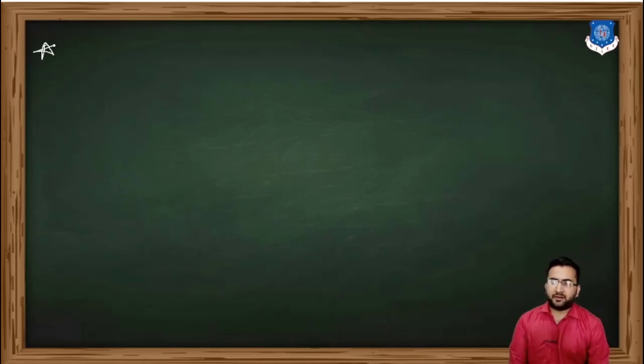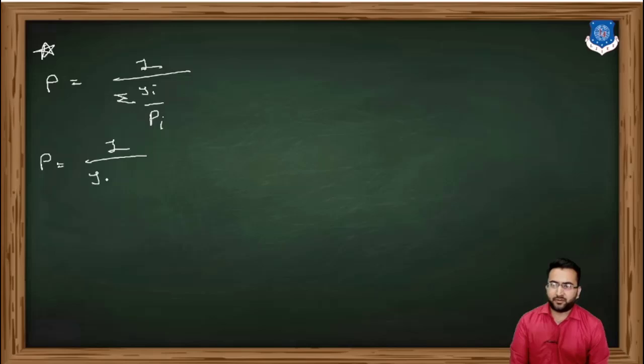Now let's find the pressure at the end of the vaporization, and that can be found using the dew point pressure. The dew point pressure equation is given by P is equal to 1 upon summation of yi over Pi saturated. For a binary mixture, this equation becomes y1 over P1 saturated plus y2 over P2 saturated. Since it is an equimolar solution, y1 is 0.5 and y2 is 0.5.